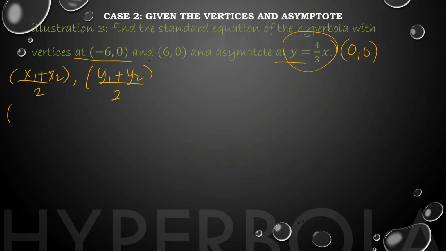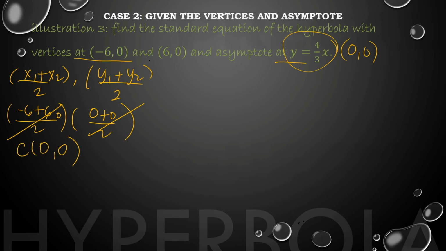So, x sub 1 natin is negative 6 plus positive 6 over 2. And then, 0 plus 0 over 2. So, 0 to. And then, negative 6 plus 6 is 0. So, equal to 0 din siya. Therefore, yung center niya is at 0 and 0. And then, yung y-coordinates ng vertices ay parehong nasa 0.